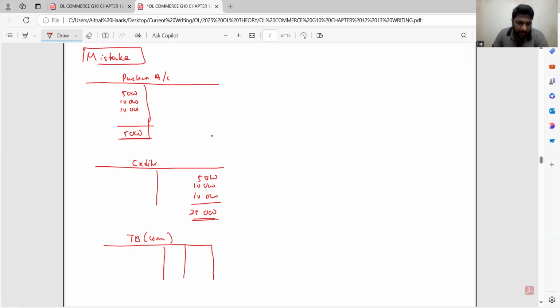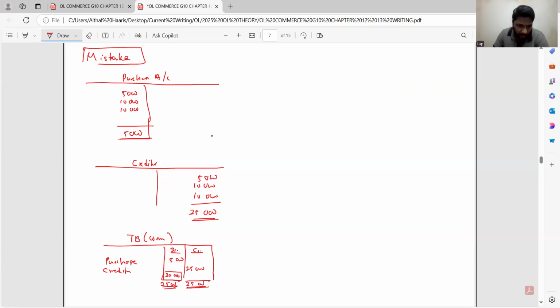In the purchase account, you have taken purchase 5,000, and creditor you have 25,000. So on the debit side, 20,000 is missing. Here 25,000, here 25,000, so here 20,000 is missing.